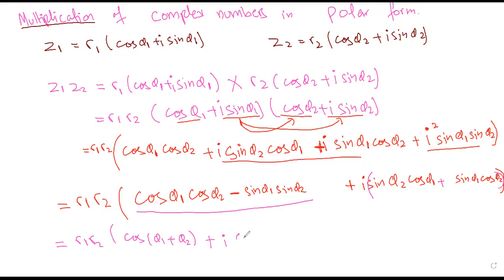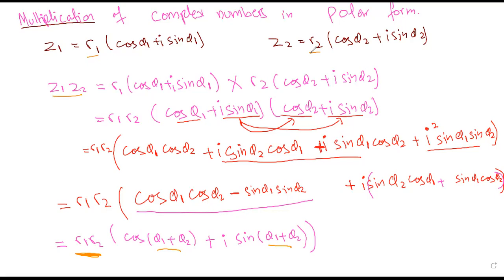Sine theta 1 plus theta 2, right? Yes. This means that when we are multiplying two complex numbers, we need to multiply their r's, the radius which we get, like r1 and r2, and we need to add the thetas, right? So this would be the final complex number which we get after the multiplication of two complex numbers.